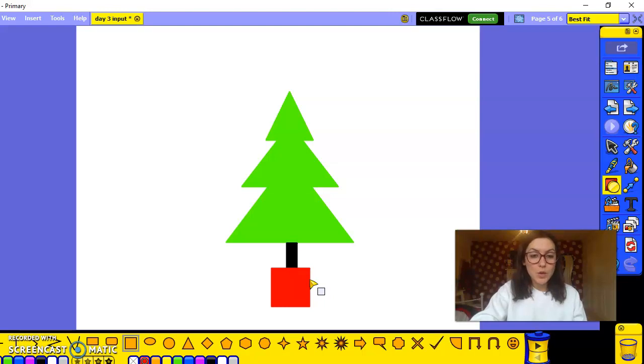Okay, now, can't forget something on top of my tree. What would be really nice on top of my tree? A star. But I'm going to make that out of 2 shapes. I'm going to use a triangle like this. And then I'm going to put another one across like this.